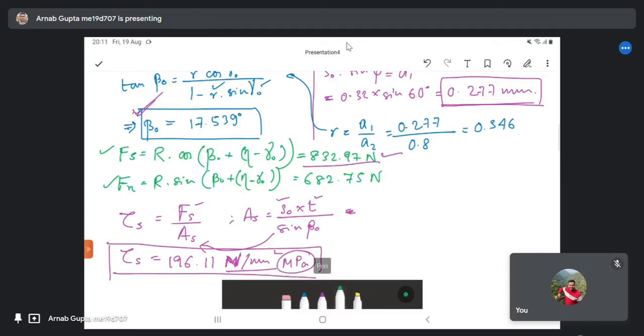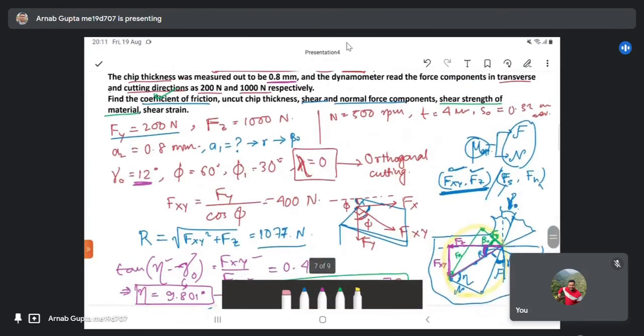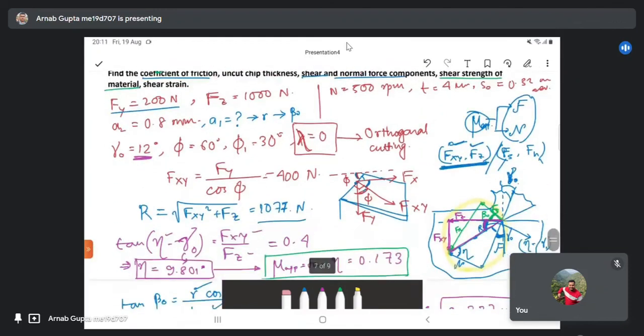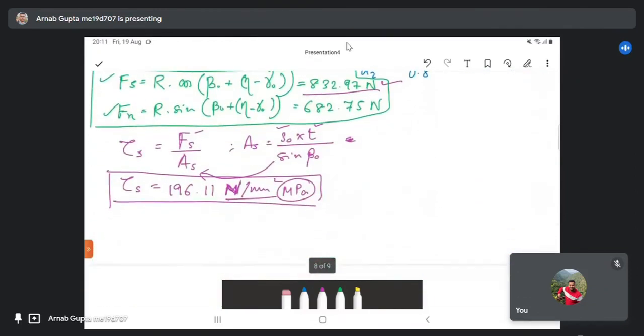The last parameter that you have been asked to calculate is the shear strain. We already know the formula for shear strain.